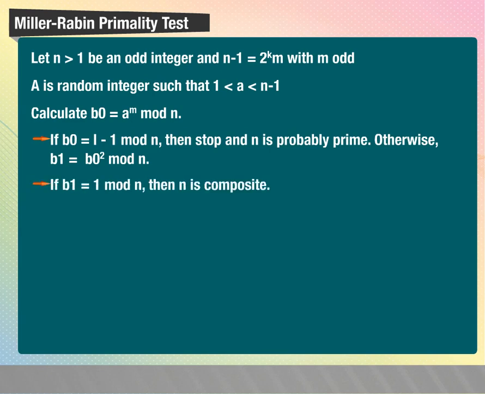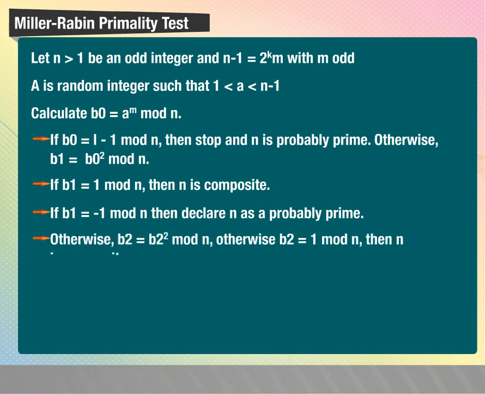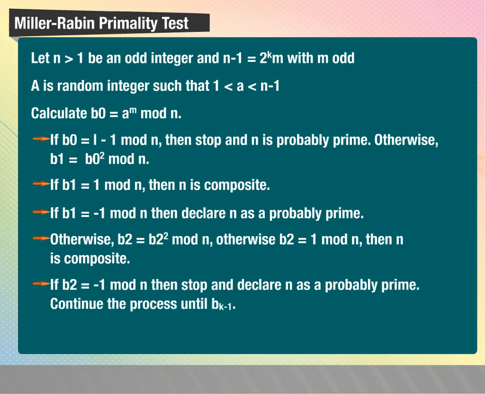If b1 is equal to 1 mod n, then n is composite. If b1 is equal to minus 1 mod n, then declare n as probably prime. Otherwise, b2 is equal to b1 squared mod n. If b2 is equal to 1 mod n, then n is composite. If b2 is equal to minus 1 mod n, then stop and declare n as probably prime. Continue the process until b k minus 1.